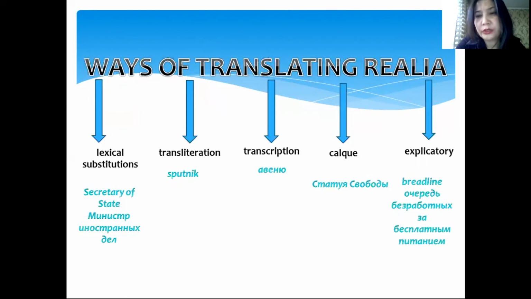So, for example, the word bread line will be translated as очередь безработных за бесплатным питанием. And the last is lexical substitution, when a translator uses a substituting word or phrase in the target language. For example, Secretary of State may be translated as Министр иностранных дел.